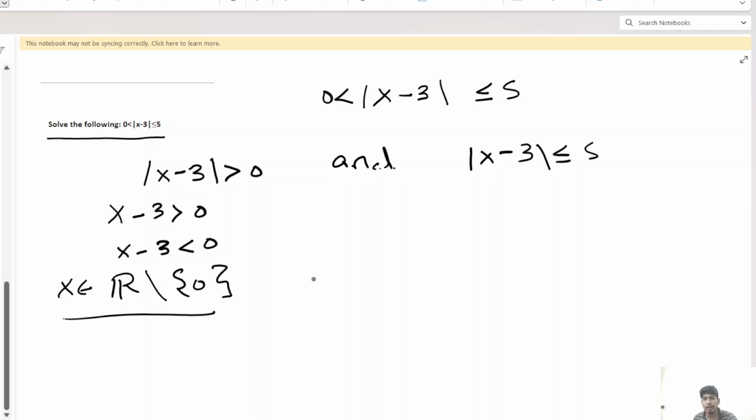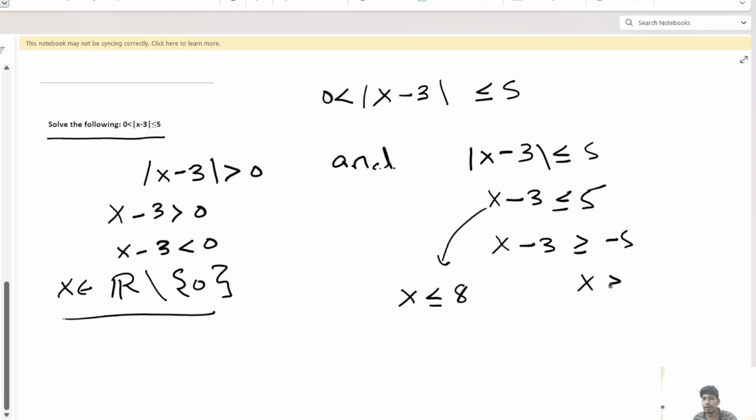And x minus 3 is less than 5 and greater than minus 5, so x is less than 8 and x is greater than minus 2. Then this is the interval minus 2 to 8, but not 0.